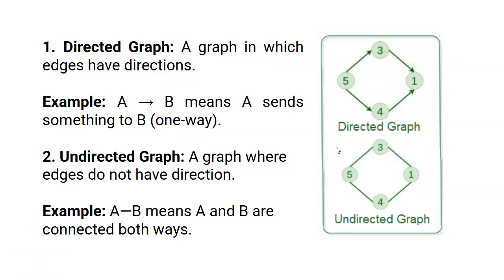That is, if a path exists in an undirected graph, it exists in both ways: from 5 to 3 there is a path, and from 3 to 5, vice versa, the path is also there. But in a directed graph, the path only starts from 5 to 3, and it is not possible to come back. That is the meaning of directed graph and undirected graph.